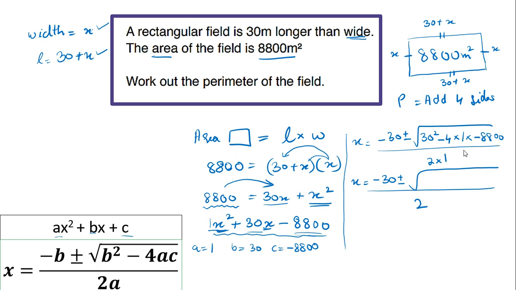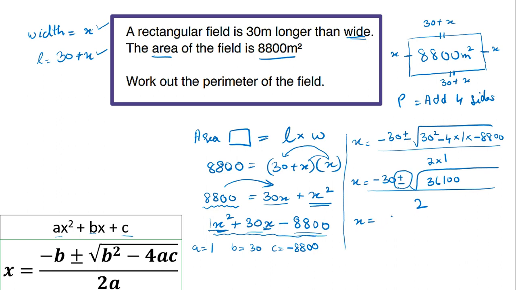And then if I add that to my 30 squared, which is 900, my 900 plus my 35,200 gives me 36,100. So here I'm going to write the square root of 36,100. Now if I figure out the square root of 36,100, that is 190. So x is equal to, now here's where this plus and minus comes into action.